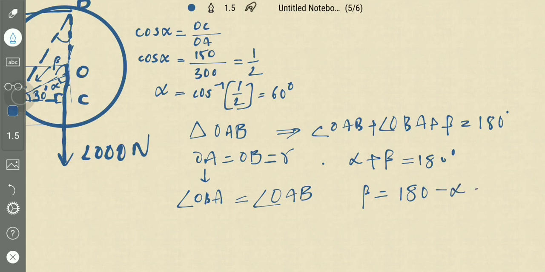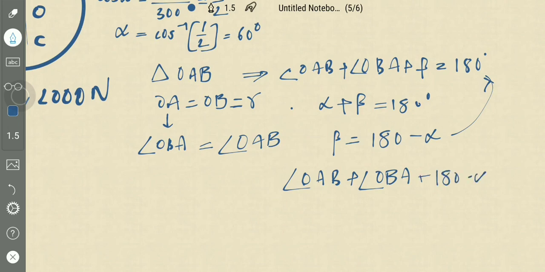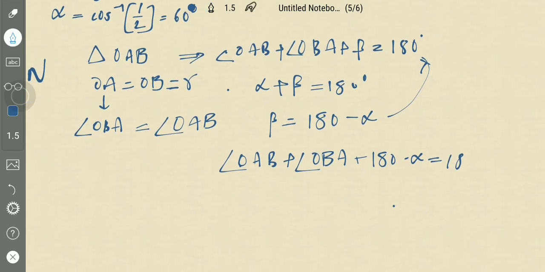By substituting this value, angle OAB plus angle OBA plus 180 minus alpha is equal to 180. 180 gets cancelled, and alpha is equal to angle OAB plus angle OBA.